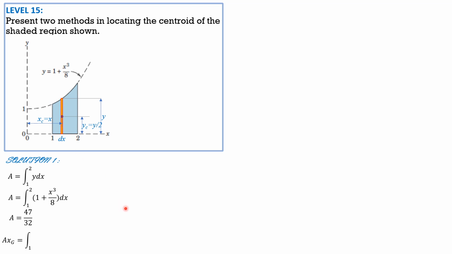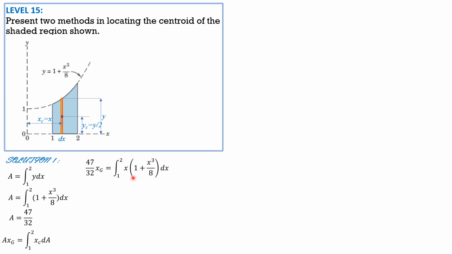So area times xg equals integral from 1 to 2 of x sub c dA, where x sub c is just x. So 47 over 32, x sub g equals integral from 1 to 2 of x, then y dx. This is y. So again, this is easily evaluated by the power formula manually.